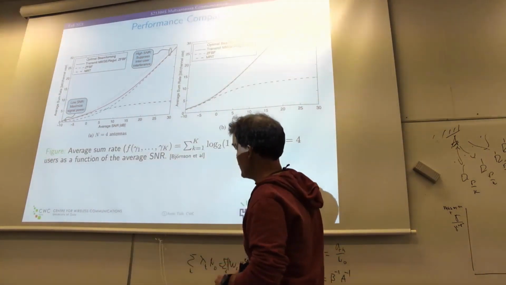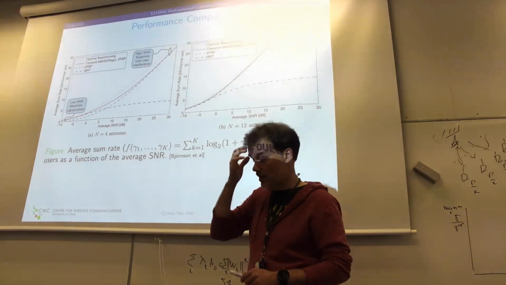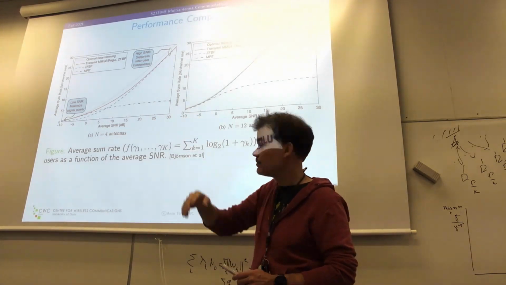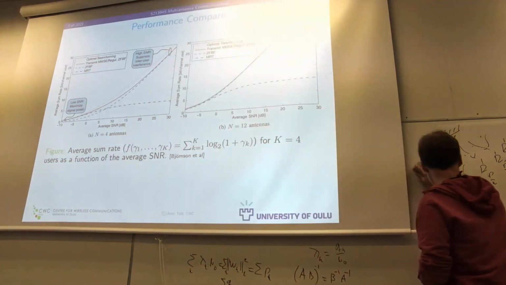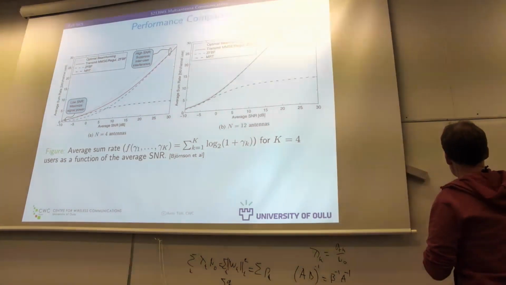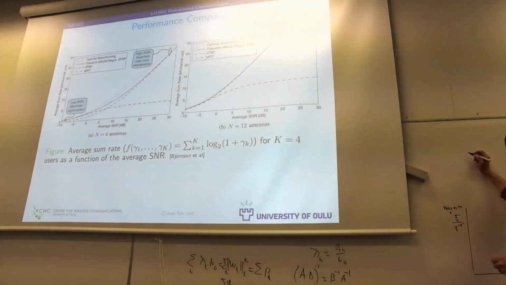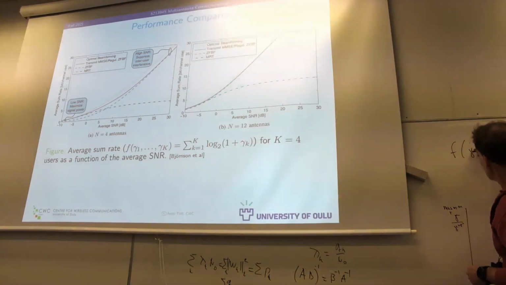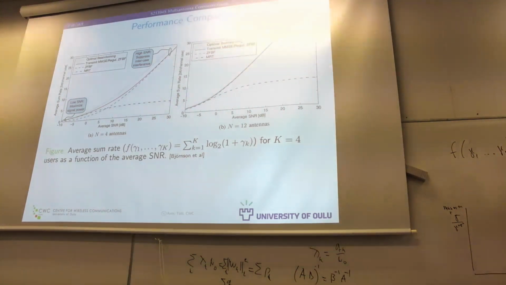But this is for the sum rate. In your homework, you are asked to plot similar, but for the max-min SINR. The objective is, we want to maximize the minimum over k of gamma k.